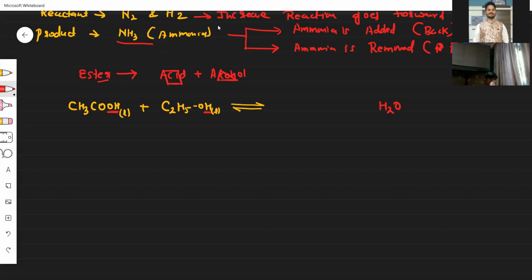The OH is from the acid and the H is from the alcohol, and these two get added, and we get CH3 C double bond O, then O C2H5. This is called ethyl acetate, or ethyl ethanoate. Ethyl ethanoate is the IUPAC name.